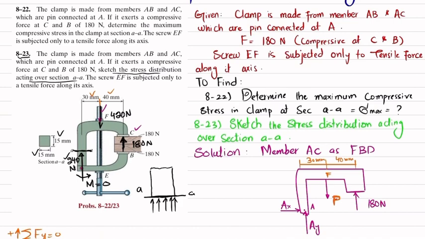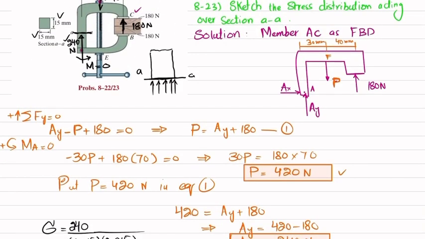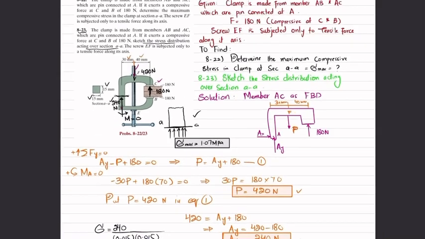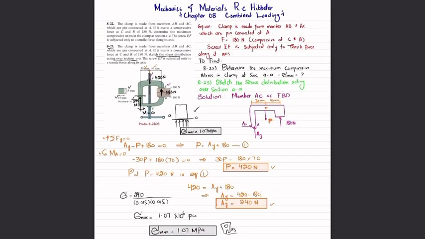And because there is no moment produced, there will be no bending stress, only a normal stress, that is sigma maximum, and that is compressive, and it is 1.07 megapascal. So this is the stress distribution at section AA. And that was all about this problem 8-22 and 23.